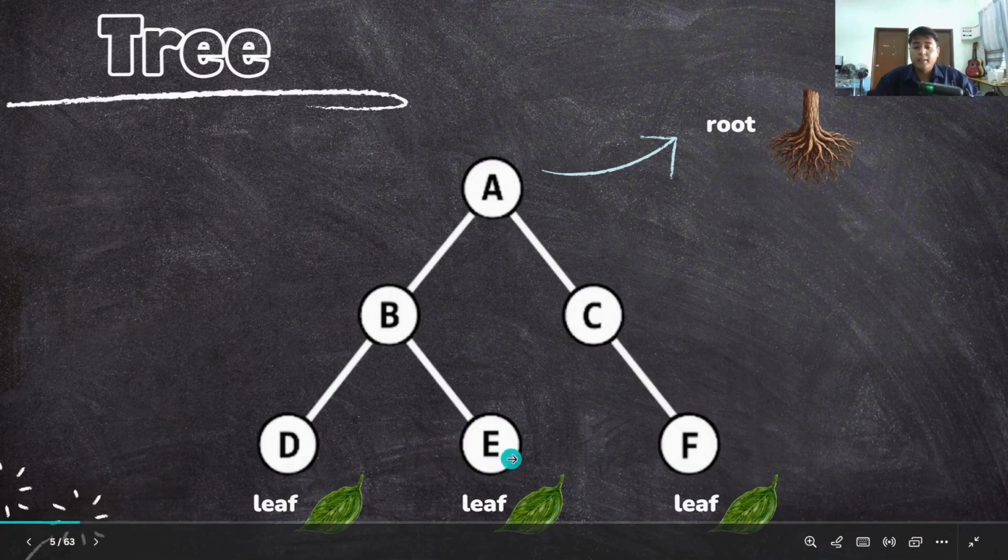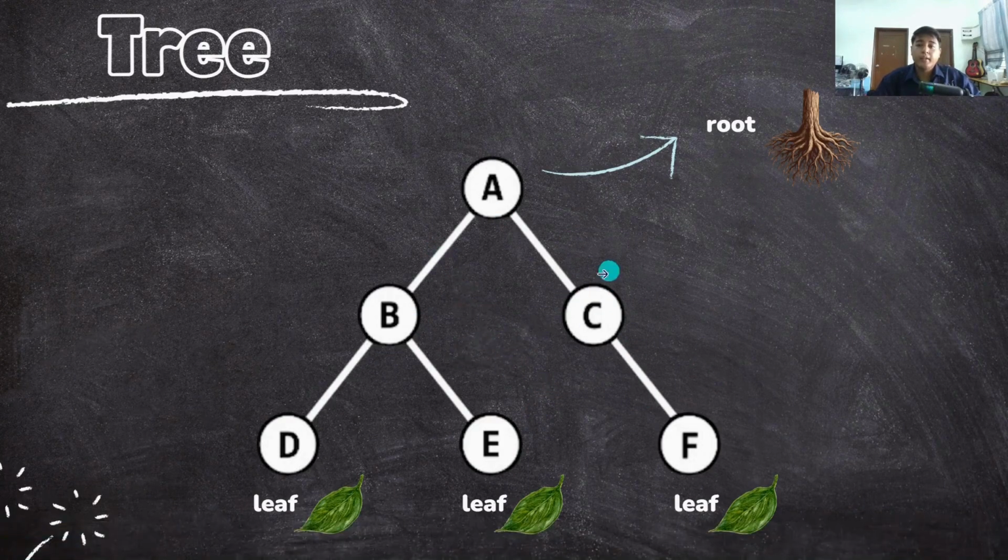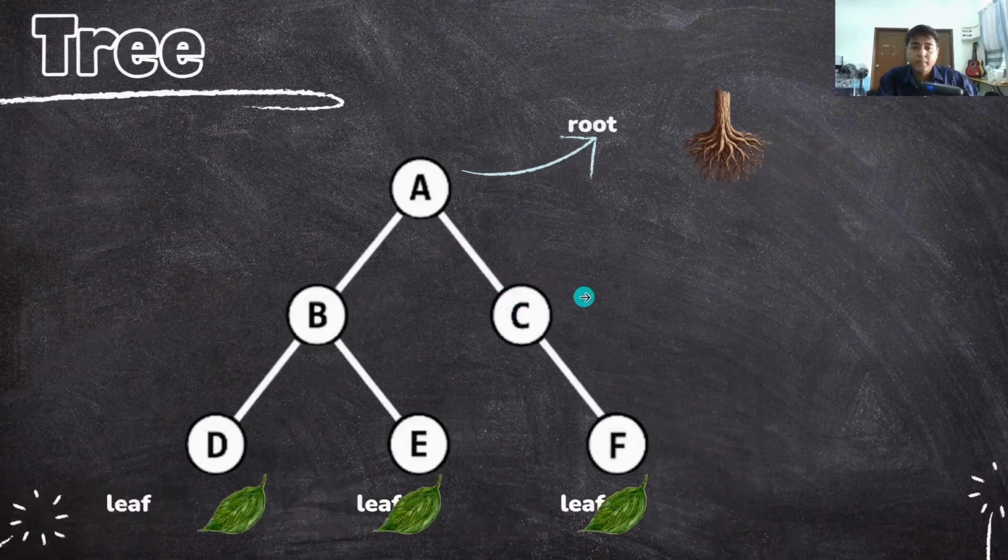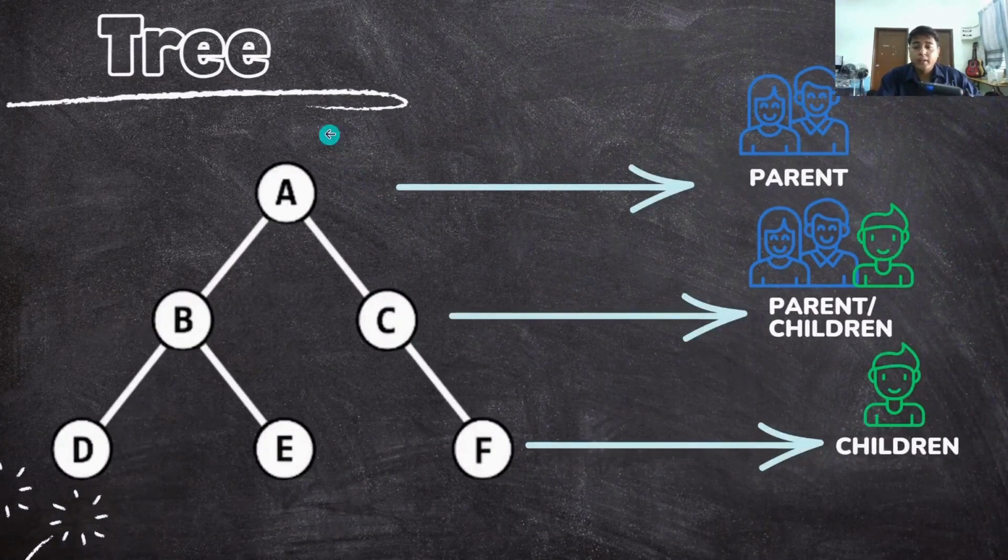A leaf node is a node that only has ingoing edges but no outgoing edges. Then next, a node that has outgoing edges is called a parent node, and a node that has an ingoing edge is called a child node.